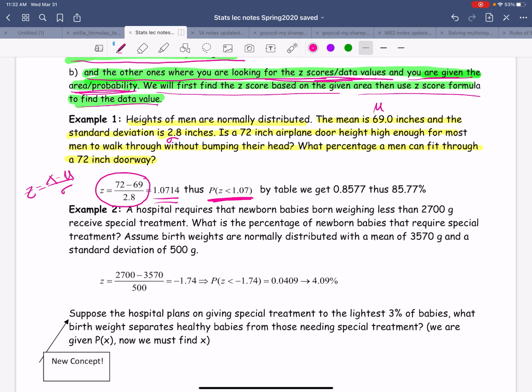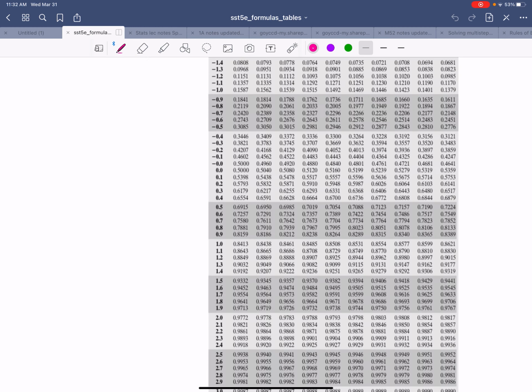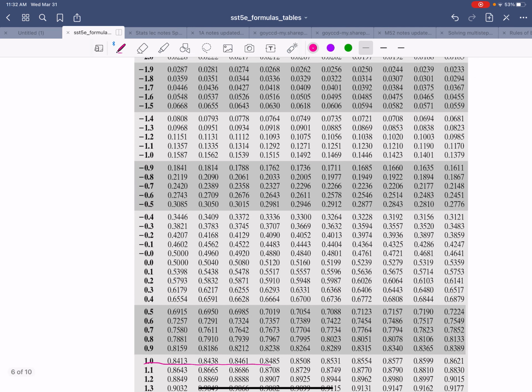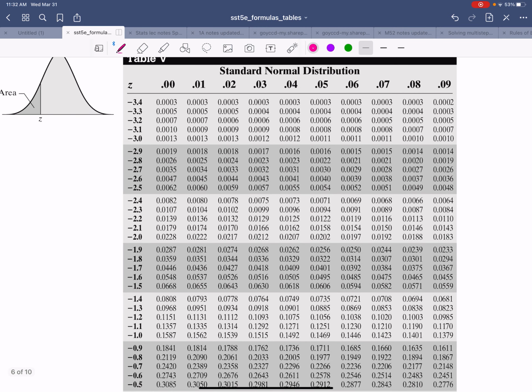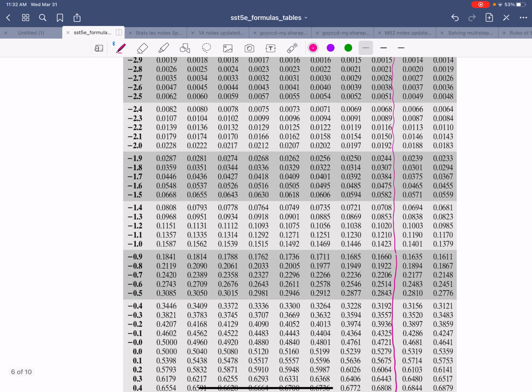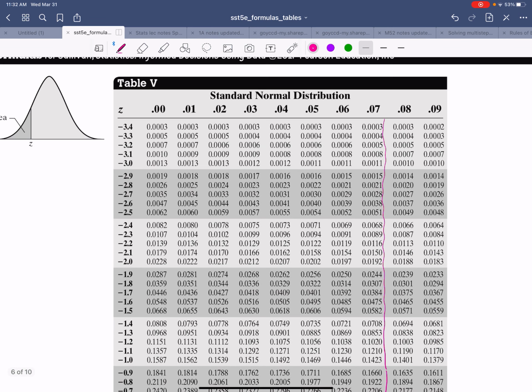Okay, so z less than 1.07, look for positive 1.07. So 1.0 here, and 7 is in this row. Keep going down and see wherever they intersect, and that's going to be our z-score here. So there we go, 0.8577 is the probability or area. In the body of this table, we have probability or area, and the top row and the left side column comprise your z-scores.